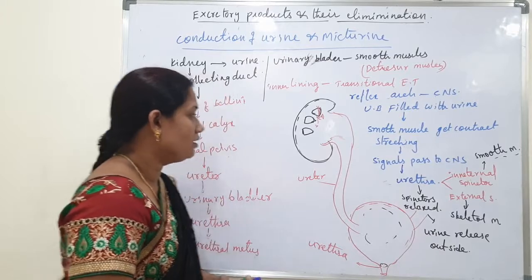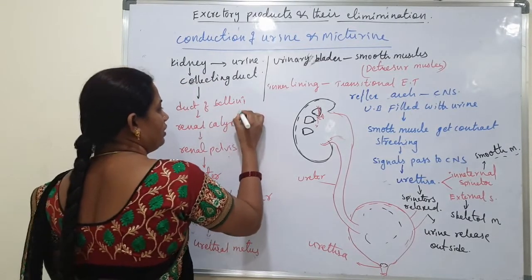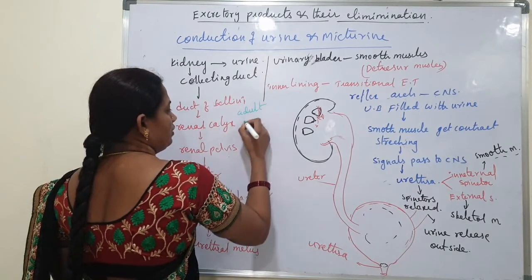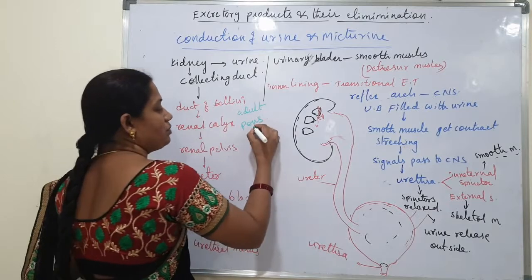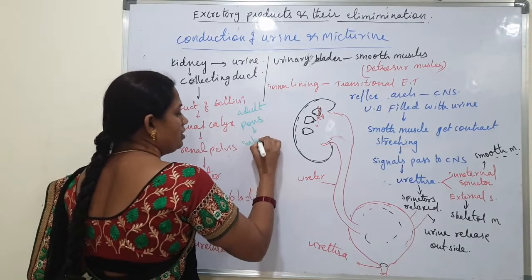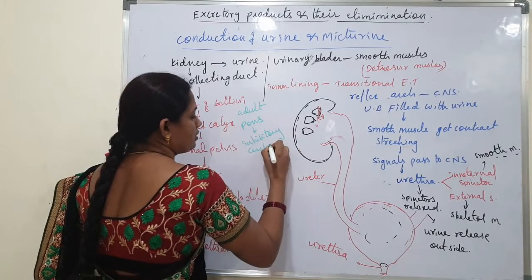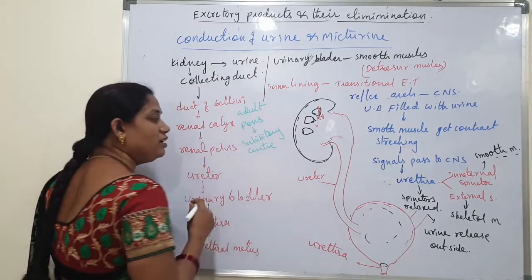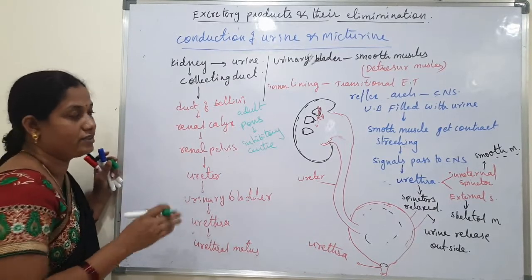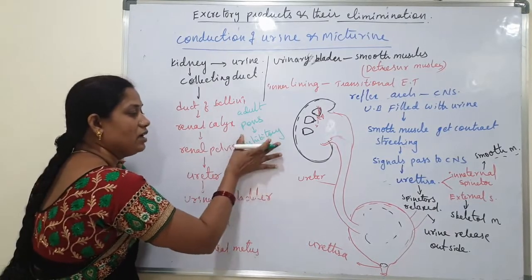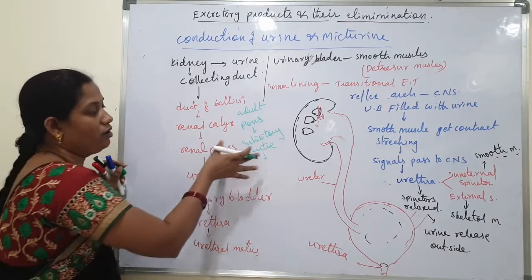Next, in the adult, the pons region is present in the brain. In the pons region, an inhibitory center is present, which can also be called a delayed center. With the help of this center, the adult can hold the urine for a longer period.